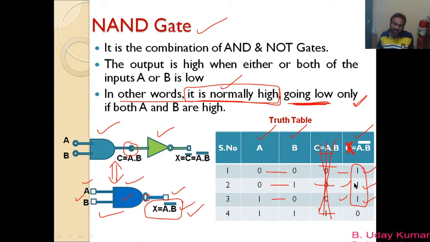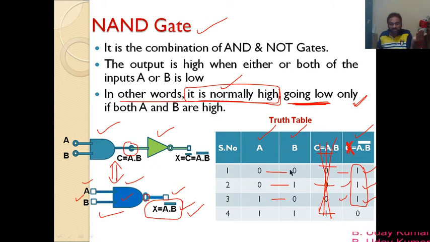To get high values, what are the combinations of inputs that we have taken here? In the first combination, both A and B are 0, in the second combination A is 0, and in the third combination B is 0. That means any one of the inputs can be 0, or both inputs can be 0.